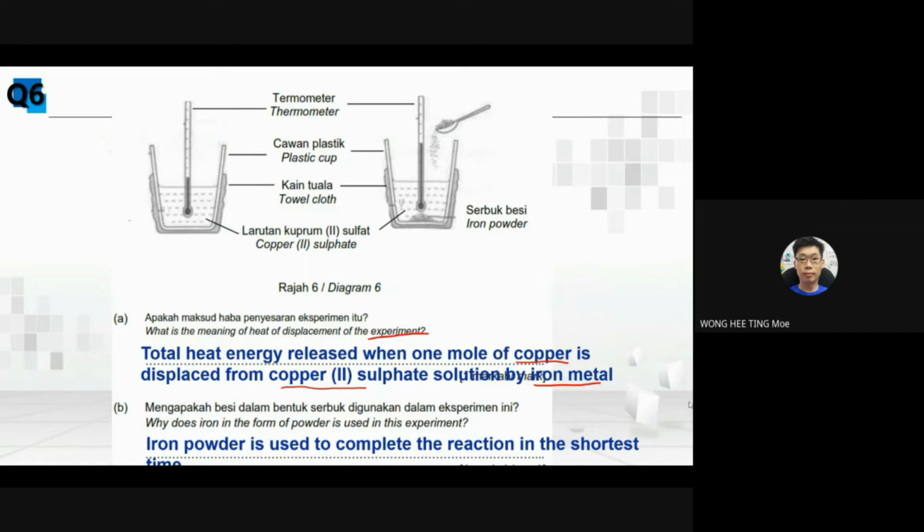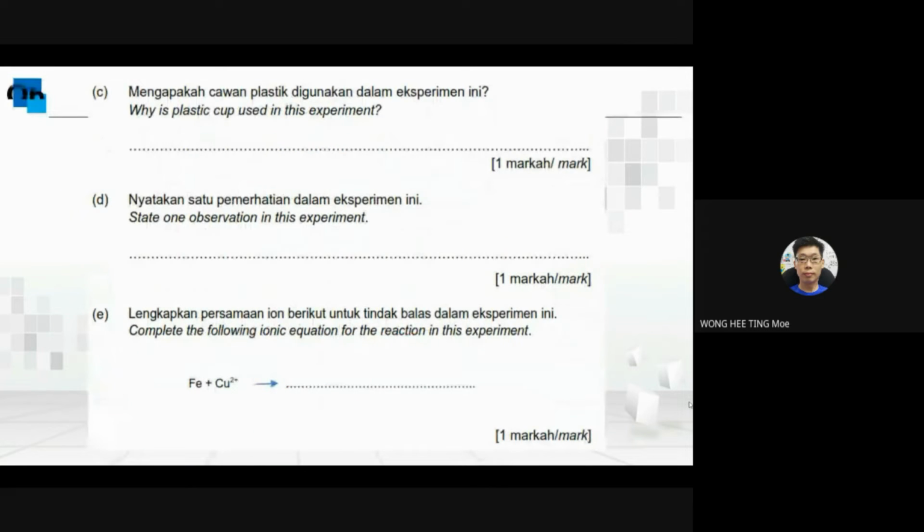Now, why is a plastic cup used in this experiment? Neutralization, displacement, precipitation, it is also the same. So the standard answer is to reduce the heat loss.